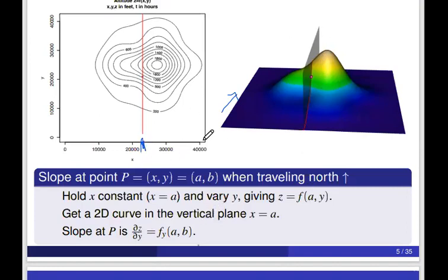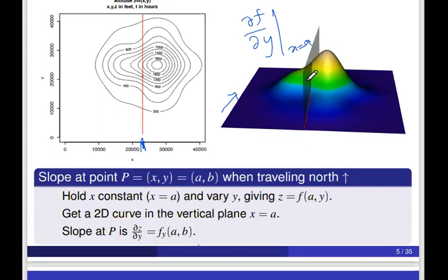So I think this makes sense, right? Any questions? Partial of f with respect to y. If you know this value here, let's say x value is a, this gives you the slope of this two-dimensional curve.